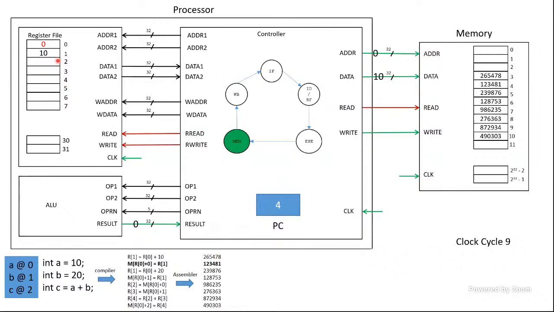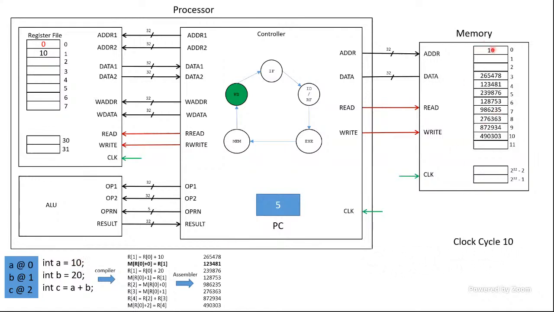Data 10, which came from the register file on data 2 in the previous cycle, it sends over to the memory, and the memory is put into write mode. Read is 0, write is 1 in this cycle. And then it goes low, then clock cycle 10, your write operation is complete: at address 0, 10 is written, which accomplishes your high level instruction A equal to 0, right?